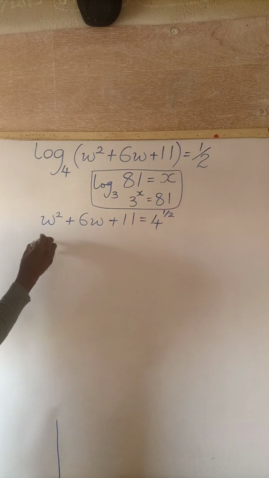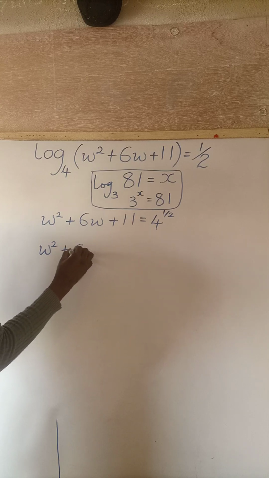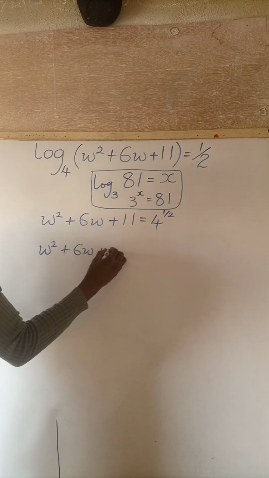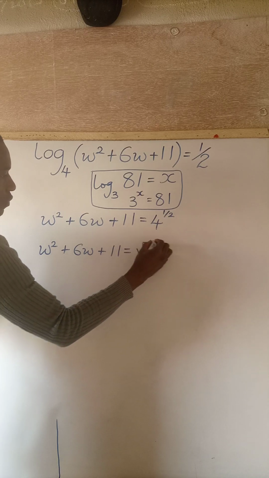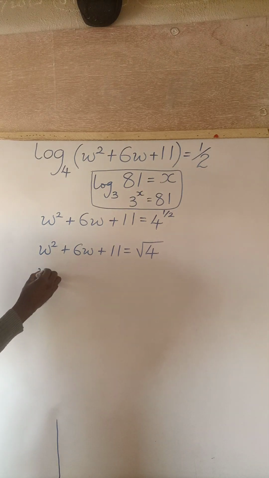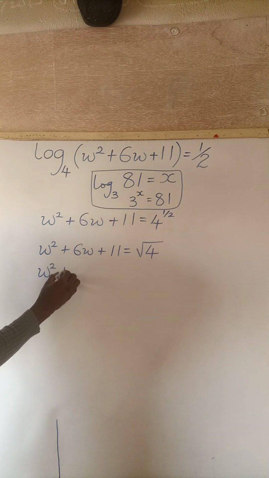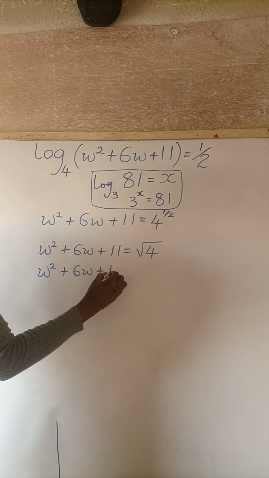We will now have w squared plus 6w plus 11 is equal to square root of 4.